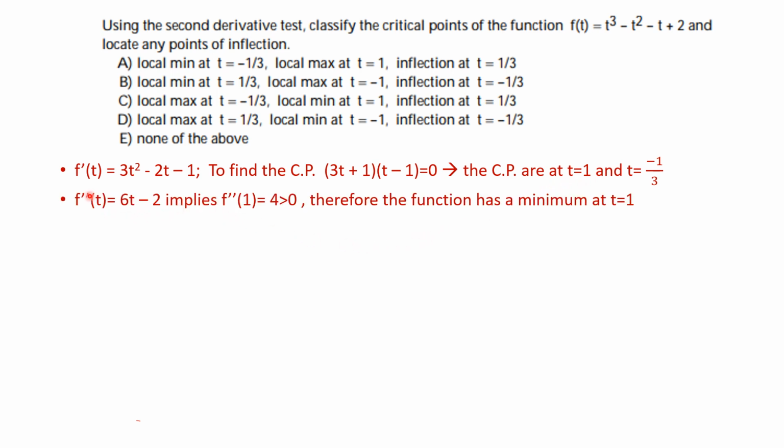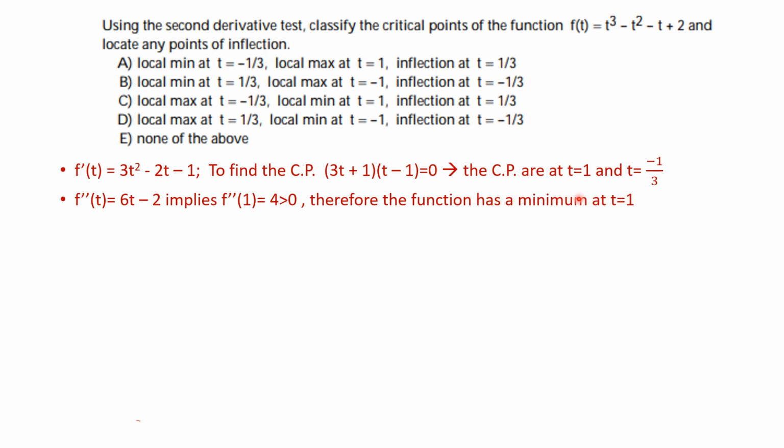F double prime of t equals 6t minus 2. If we check whether or not it concaves up or down at 1, f double prime of 1 will give us 6 minus 2, which is 4, which is greater than 0. Concavity is up, so therefore the function has a minimum at t equals 1.